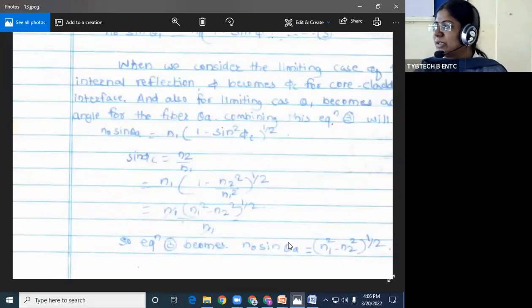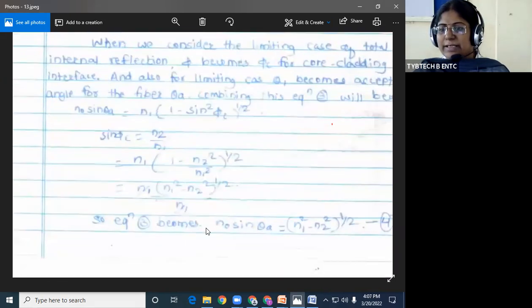Refractive index of air. So this equation is very, very important. And also in the exam, this derivation is asked for 4 marks. Derive the derivation for numerical aperture.